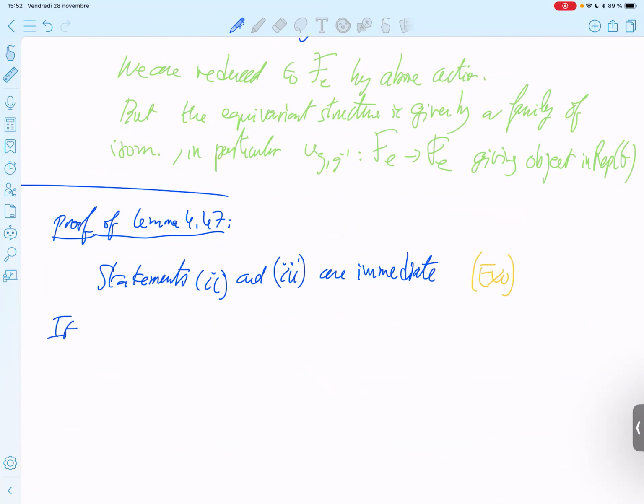So we already, it is also clear that the equivariantization is a rigid tensor category.